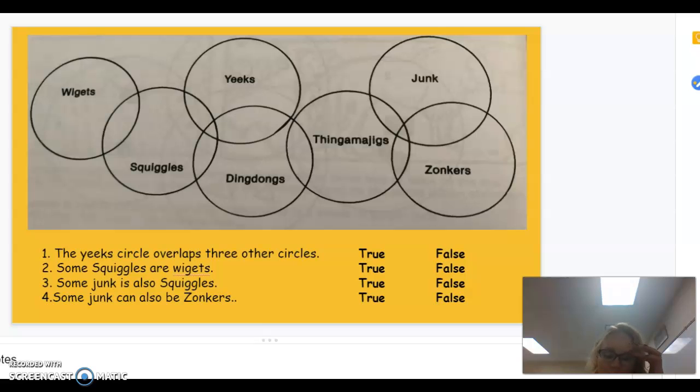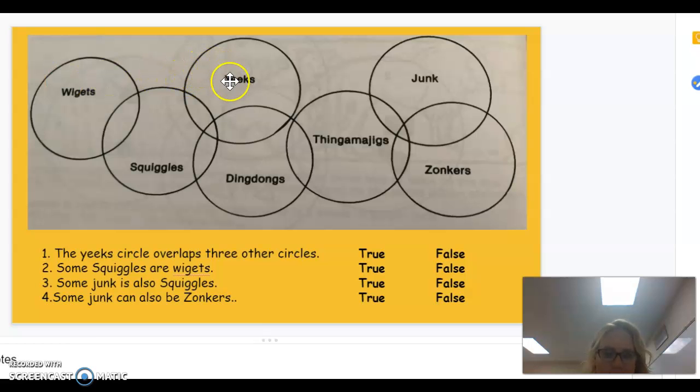I will go over some of the types of questions that you will need to answer in order to complete your assignment. Number 1 below says, the Yeek circle overlaps 3 other circles. To solve this problem, I need to study the diagram above.